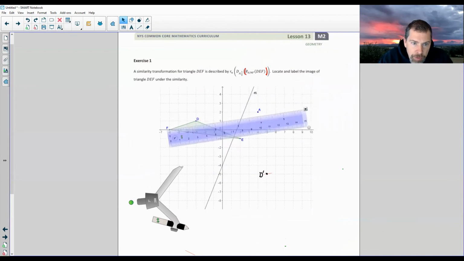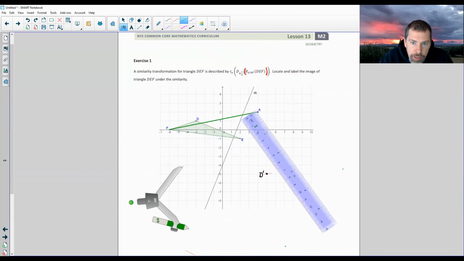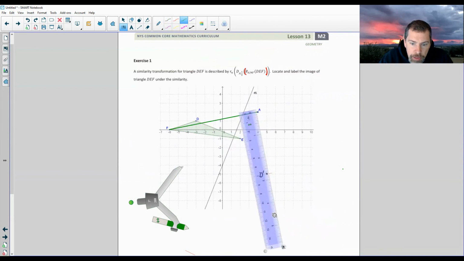And then I'm going to put my ruler on F, rotate it up, try to be accurate as possible. Here is segment FA. Then if I rotate it and put my 0 here and rotate A to this point, let's make this a little longer.